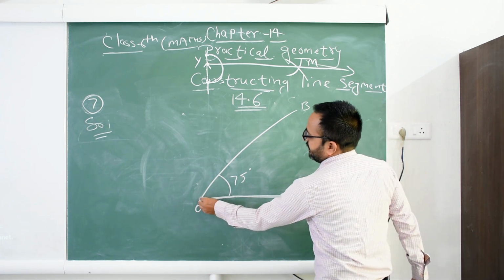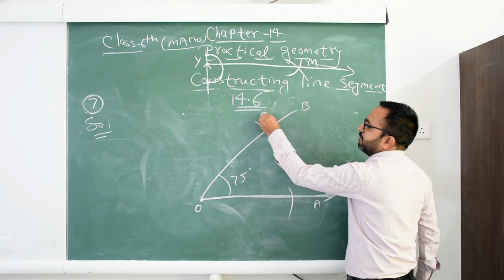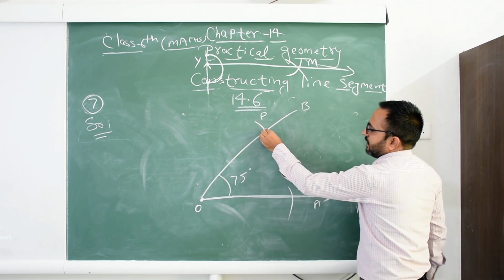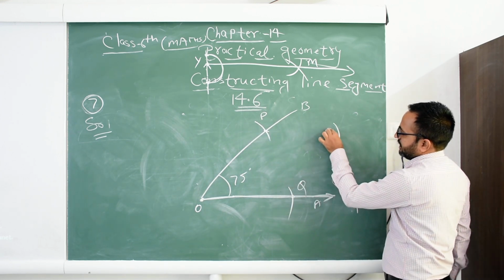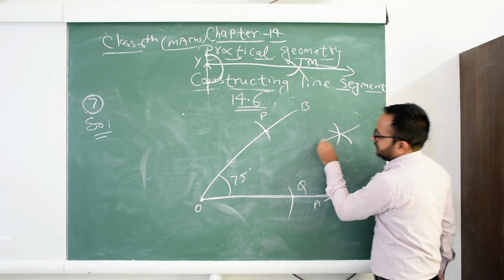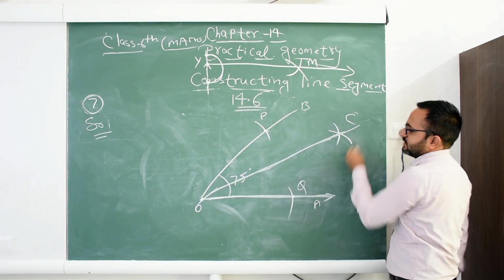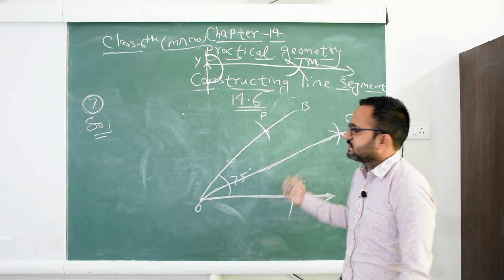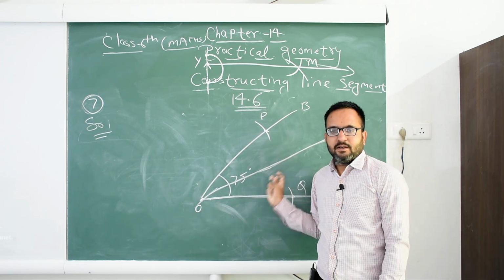Same as before, O as a center, we cut an arc here and give the names P and Q. Same, P as a center, cut an arc here, and Q as a center, cut an arc here. Now join this. So OC is your bisector of 75. So this is your concept of bisecting any angle.